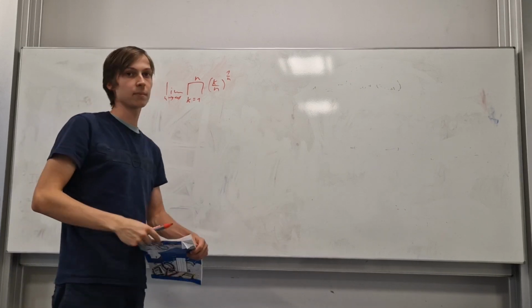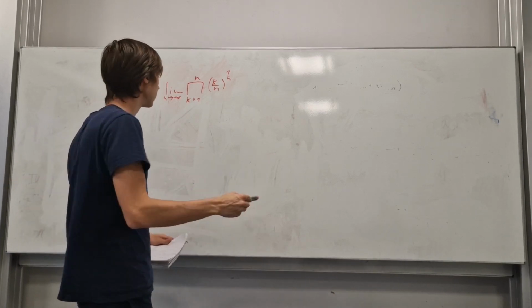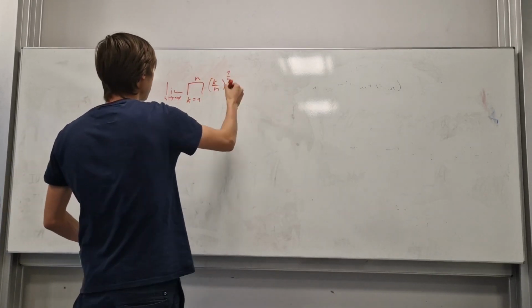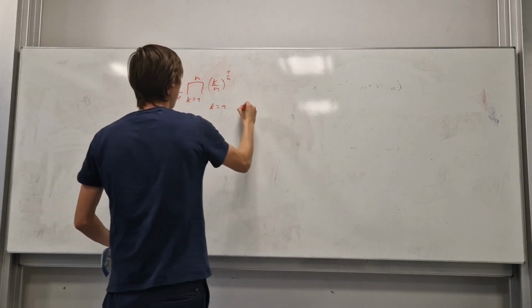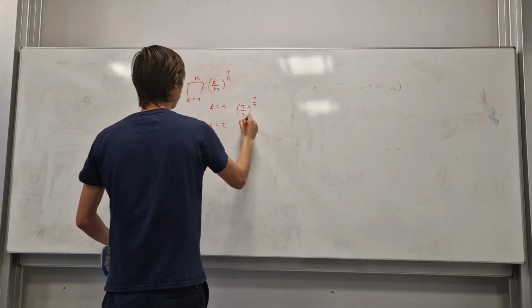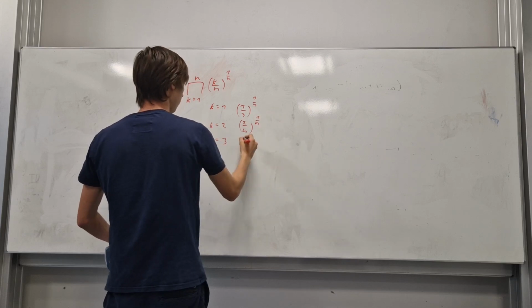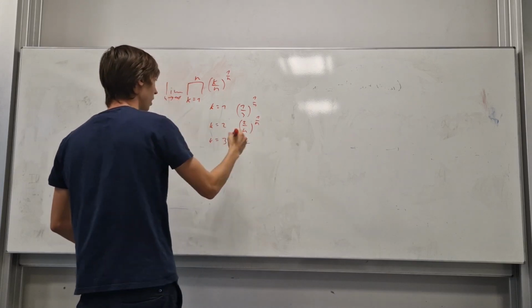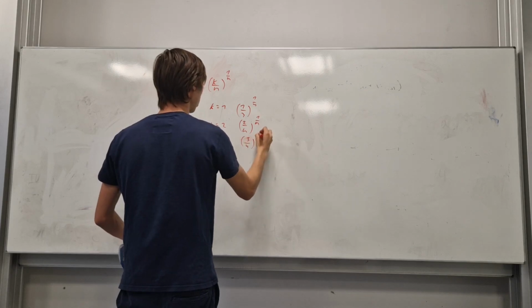There are some very common tricks to use here for infinite products. What it means is, this thing will generate, for k equals 1, (1 over n) to the 1 over n. For k equals 2, (2 over n) to the 1 over n. For k equals 3, (3 over n) to the 1 over n.